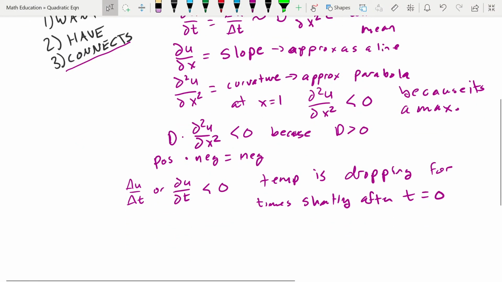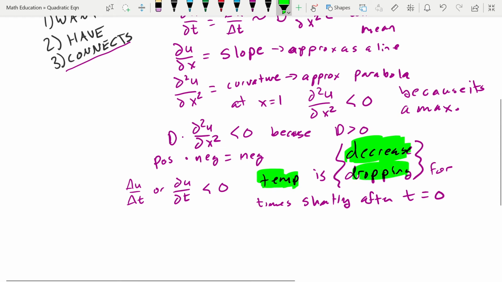So temperature is dropping, or it will decrease. Your keywords here are being able to describe that this is the temperature and which direction it's changing. We don't know what the magnitude is, but we do know that it's dropping.